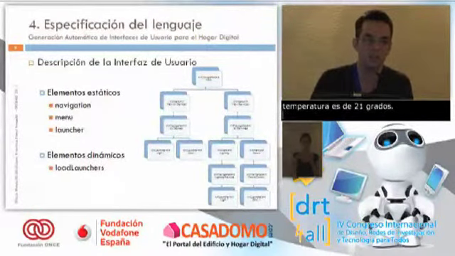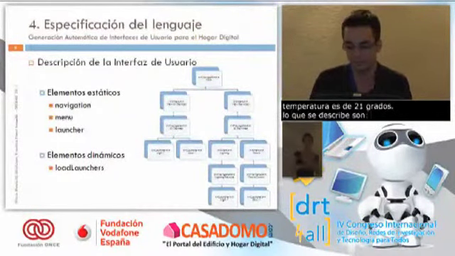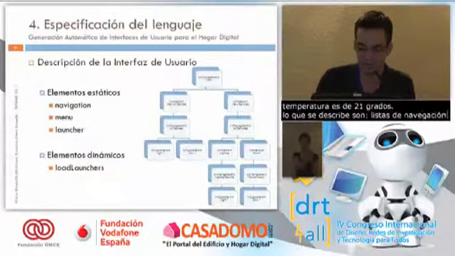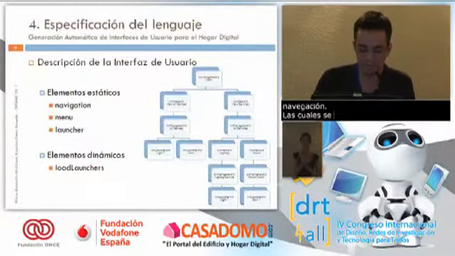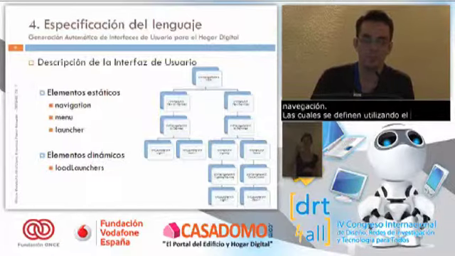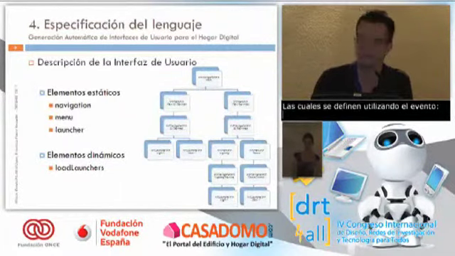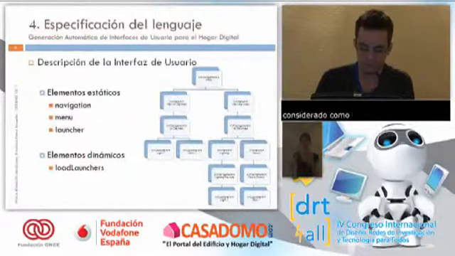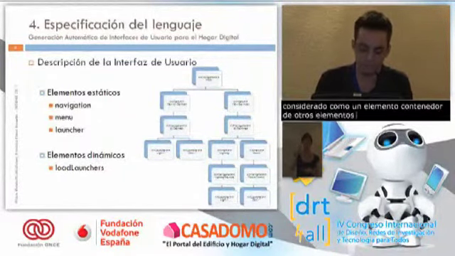Here, if we talk about the navigation lists or browsing lists, and in this way we define elements such as navigation. This element should be something that contains other elements.